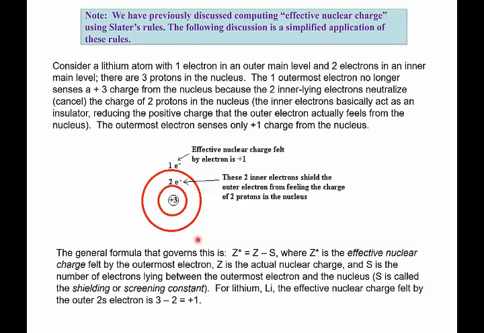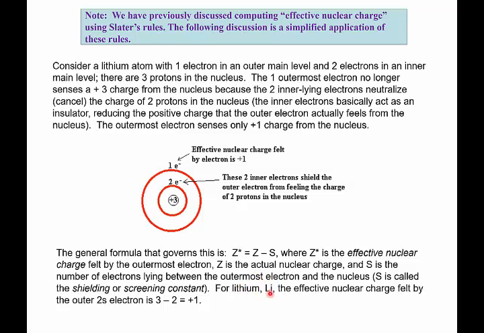Now, there's a general formula that we use to discuss the effective nuclear charge. Z star is the effective nuclear charge. This equals the actual nuclear charge minus a quantity S. S is the so-called screening constant, and it basically measures the number of electrons that lie between the outermost electron and the nucleus.